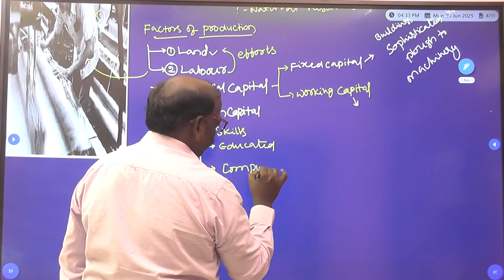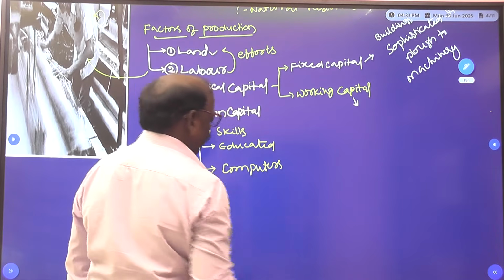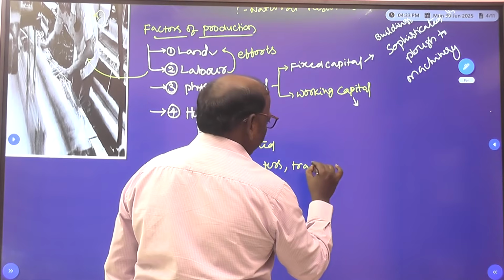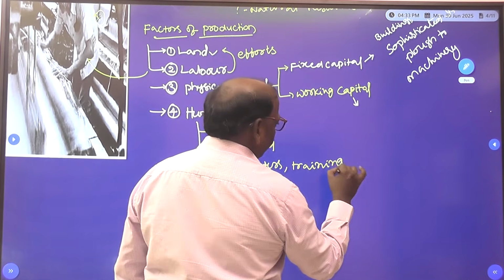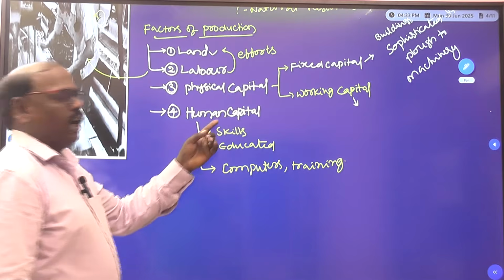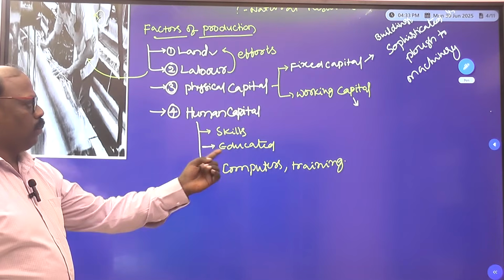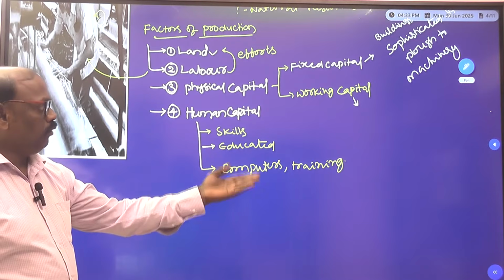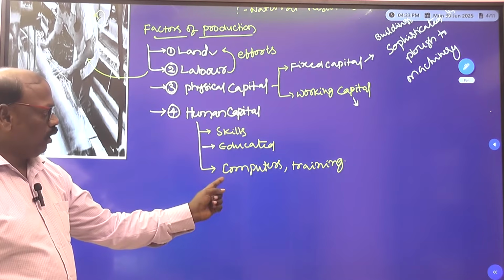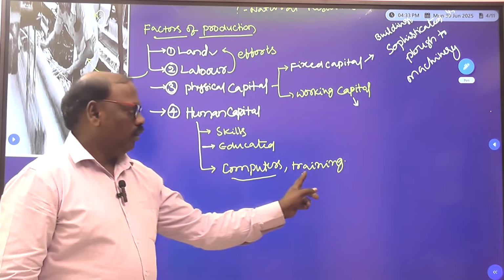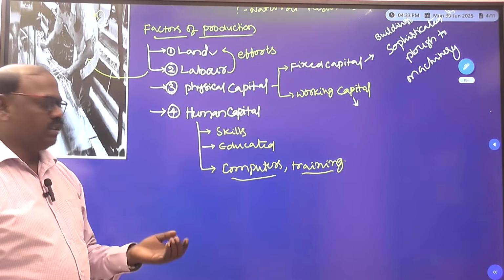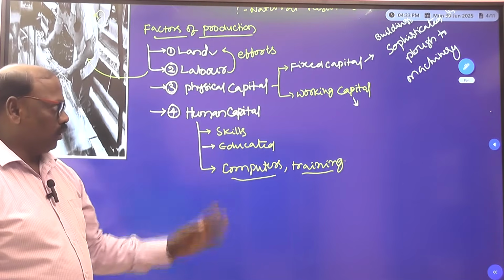In the village of Palampur, they have some computers and they are providing training to the village people. Human capital always depends upon their education and their skills. For example, in that village they are following some computer training. So whoever is educated is going to gain proficiency with computers.